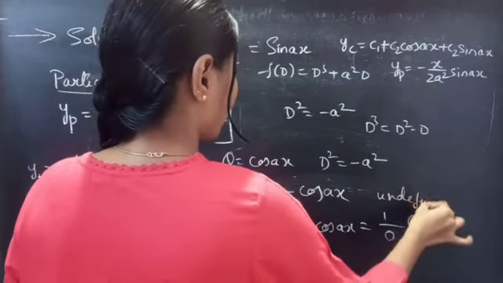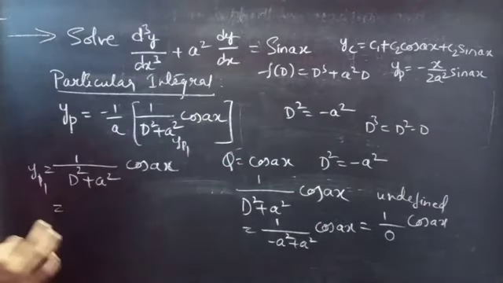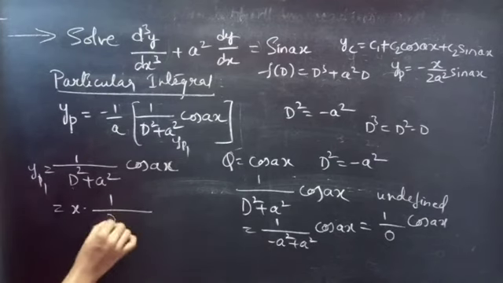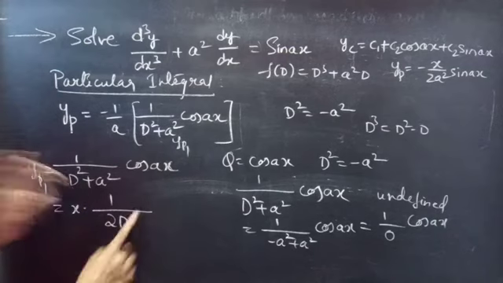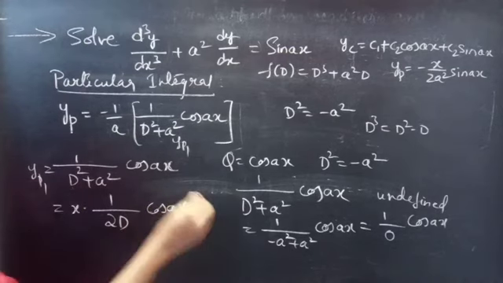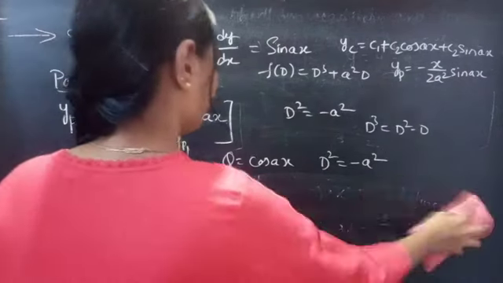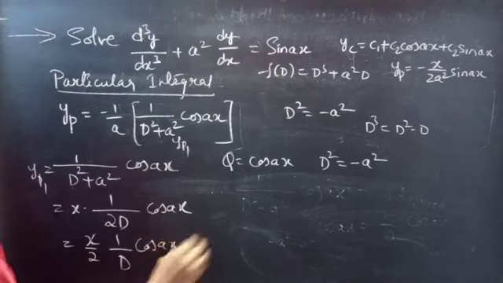So here we can't replace D square by minus a square. So what can we do? We have to write x into 1 by the derivative of this. The derivative of D square is 2D, plus the derivative of a constant is 0. So you'll get x into 1 by 2D into cos ax, which equals x by 2 into 1 by D into cos ax.